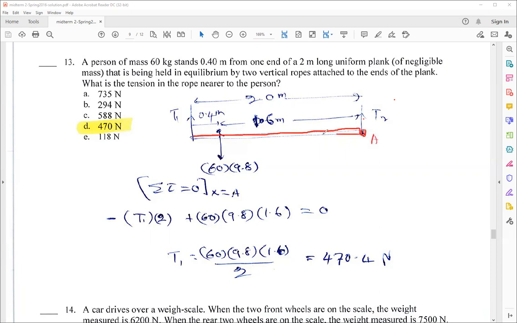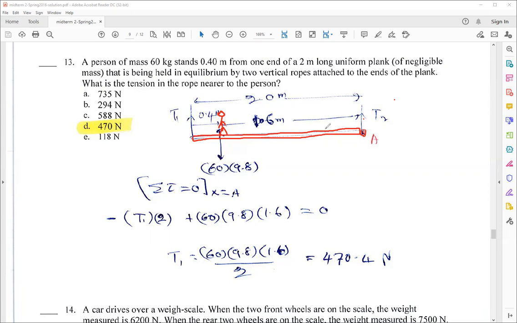It's 2 meters, and we have a person standing at 0.4 meters from the end. What is the tension in the rope nearer this person?